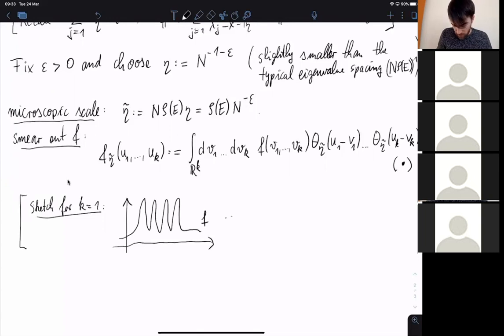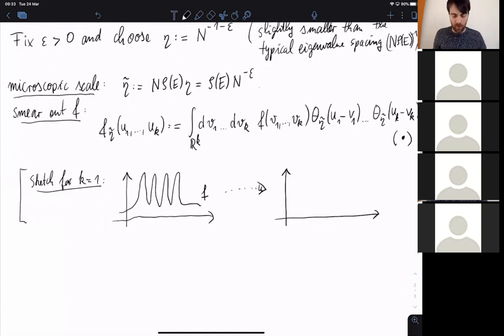And then with this construction, I get the following function where these bumps here are somewhat smeared out. Maybe you've seen it, it's a convolution with a smooth function. So you will still have some kind of bumps, but they are much smaller because they're averaged out. And the number of bumps is probably similar, or at least not bigger. This is the idea that this smearing out gives you, just as a side remark.